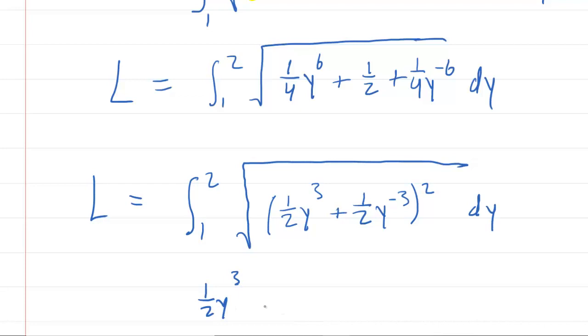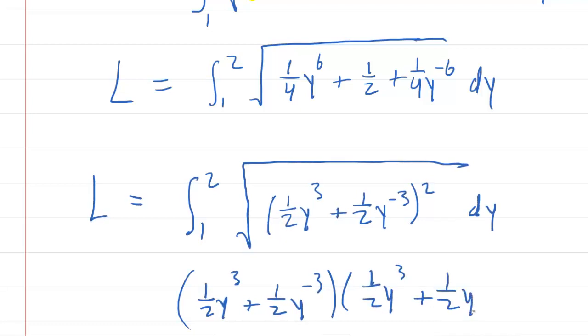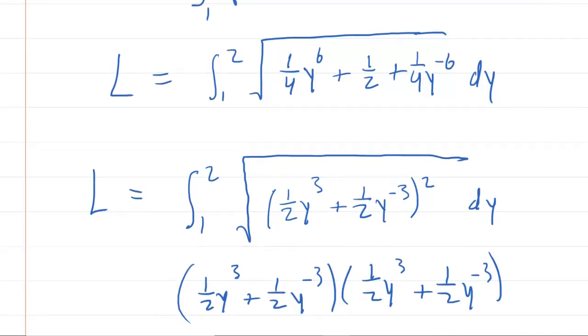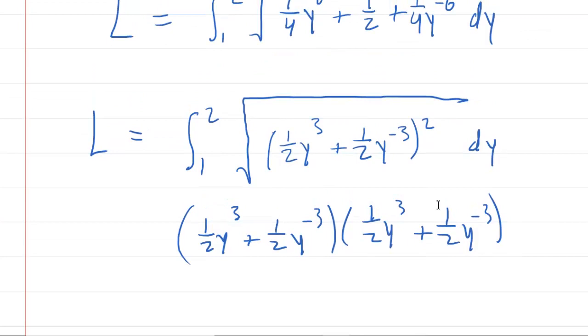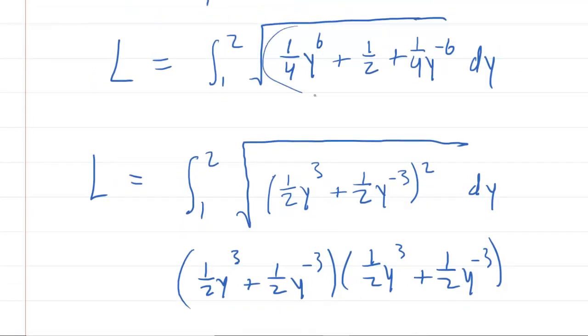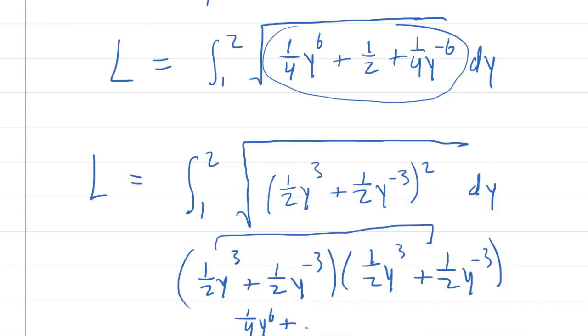Let's see what happens when you write 1/2 y cubed plus 1/2 y to the -3 twice, which is, of course, identical to squaring it. And then we'll just multiply this out to prove that after multiplying it out, we will indeed obtain the expression underneath the square root. So here we go. Again, 1/2 y cubed by 1/2 y cubed is 1/4 y to the 6th. 1/2 y cubed by 1/2 y to the negative 3, that's just going to be 1/4 because the y's cancel.